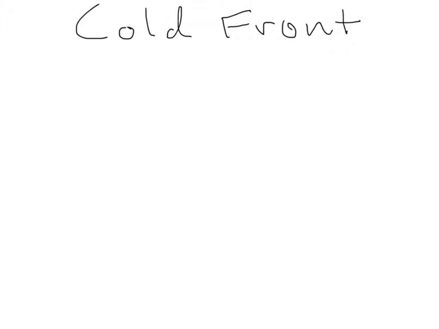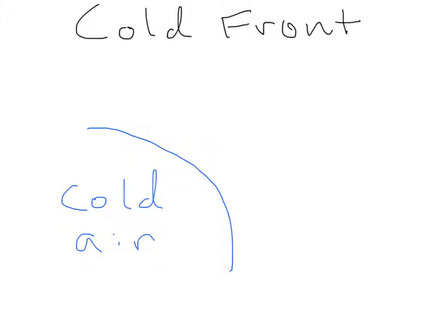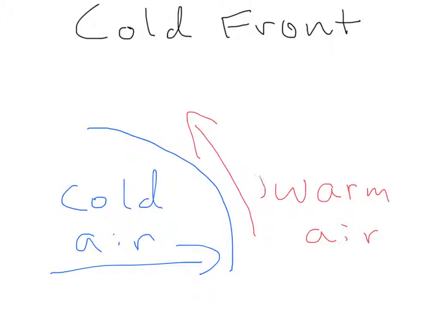A cold front forms when an air mass of relatively cooler or colder temperature, which is more dense, runs into an area of warm air. And because the cold air is more dense and it's pushing into the warm air, this warm air gets pushed up and lifted because warm air is less dense.